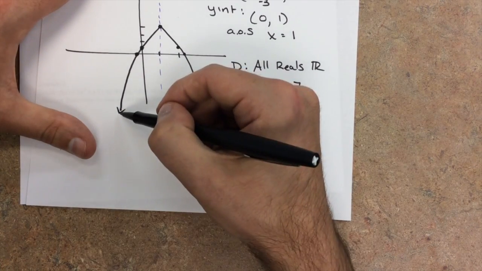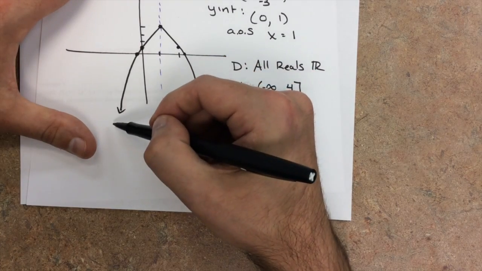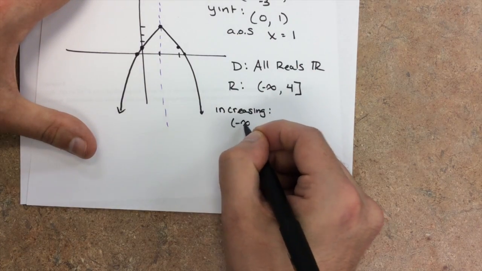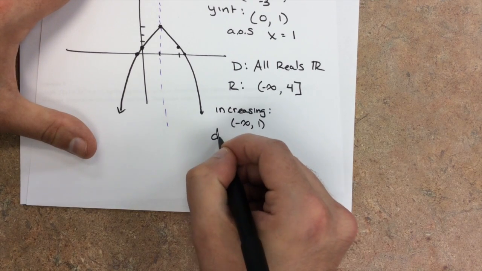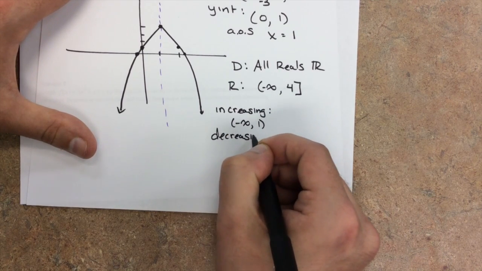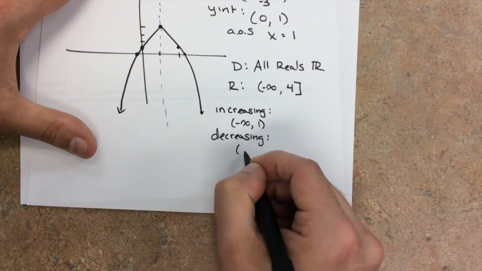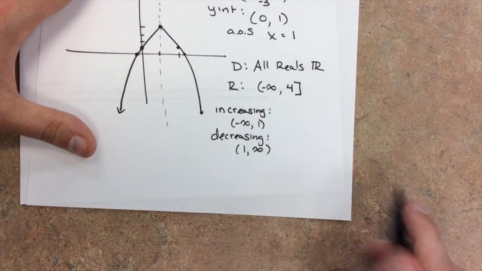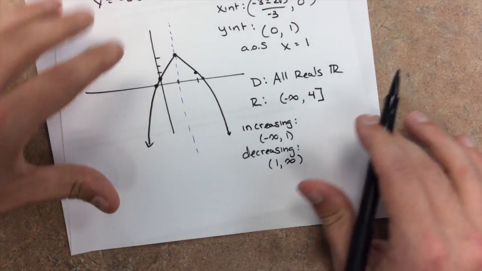So I'm increasing, I have positive slope, from negative infinity to 1. And I'm decreasing where I have a negative slope from 1 to infinity as I go down that way. So I go from increasing to decreasing.